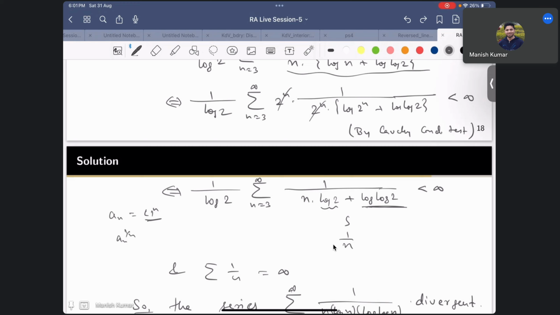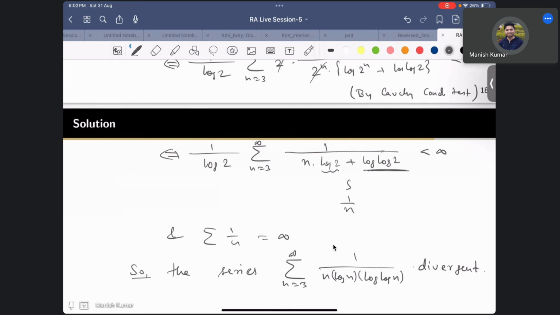In some cases it's better to deal with the ratio of n plus 1 upon n, and then you use the ratio test. You'll get experience when you solve more and more problems, and you'll understand which to use when. When I was studying this, I also had this problem of when to use what. That is a very obvious problem, but you will understand when you get some hands-on experience.